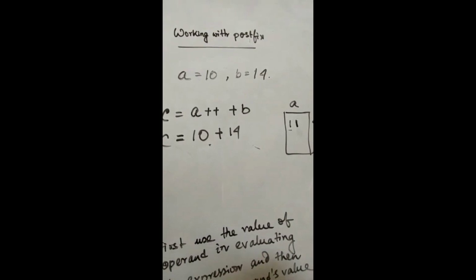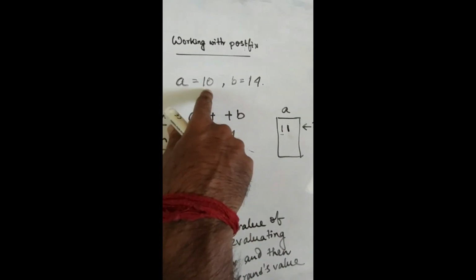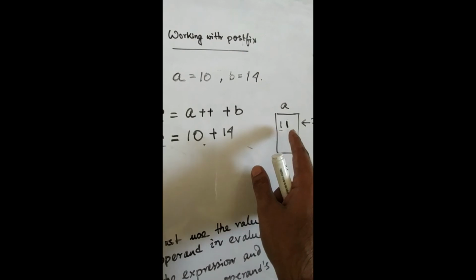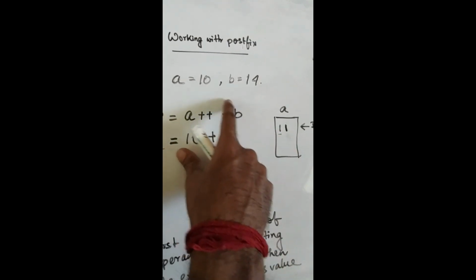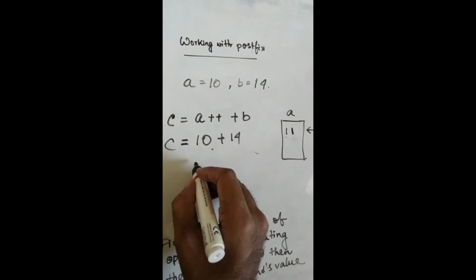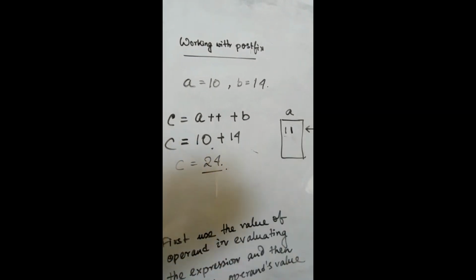But in case of postfix, first we use the previous value, that was 10, in the expression, then after evaluation, the value of the operand gets updated. So the value of a becomes 11 right now, but we use the previous value. So here the value of c becomes 24.